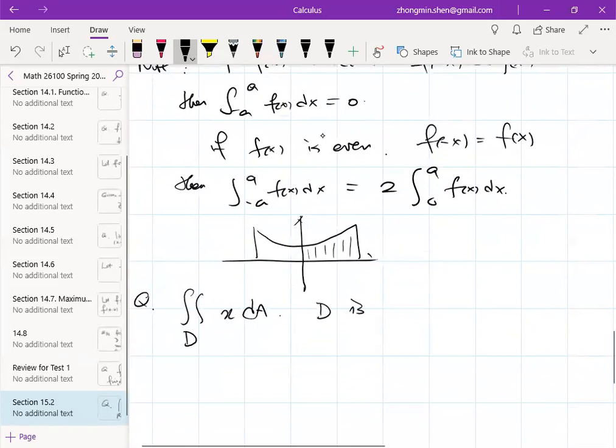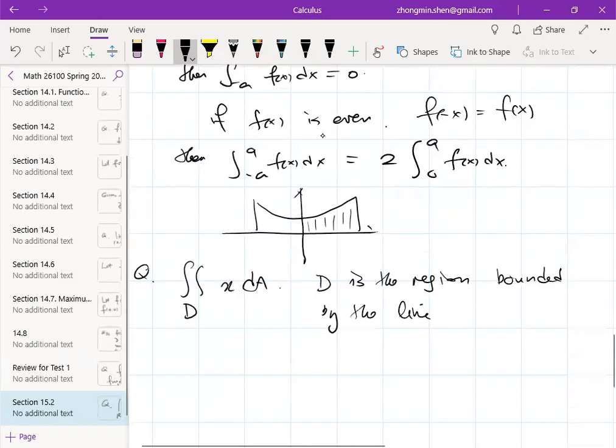D is the region bounded by the line y equals x minus 1 and the parabola.